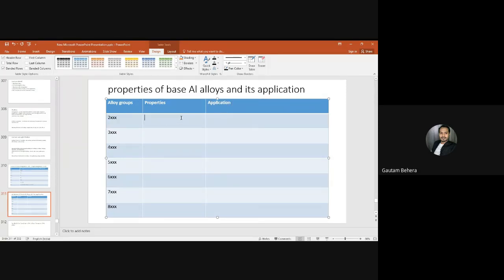We'll start with the properties of the 2000 series. As you remember, as I told, the major alloying element is copper. Copper, when present in the aluminum, provides precipitation strengthening. So it has very high strength.